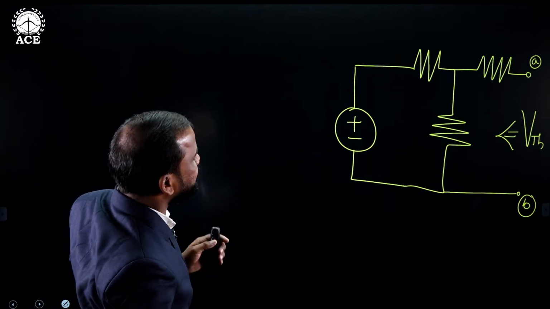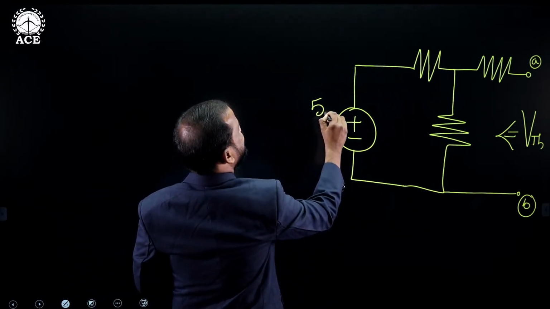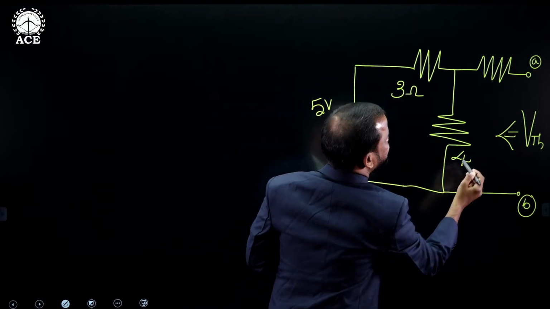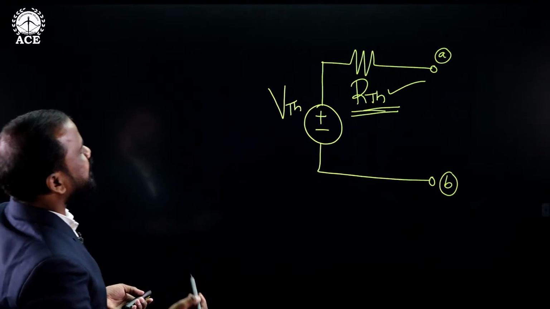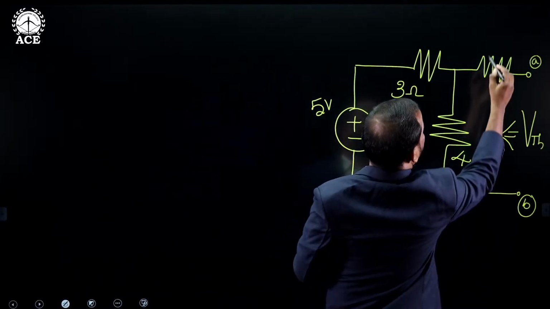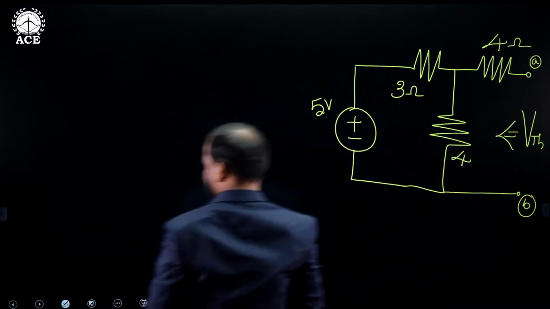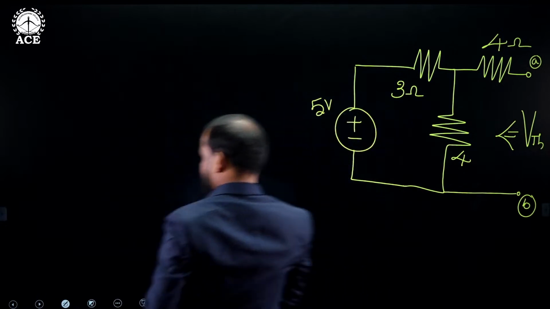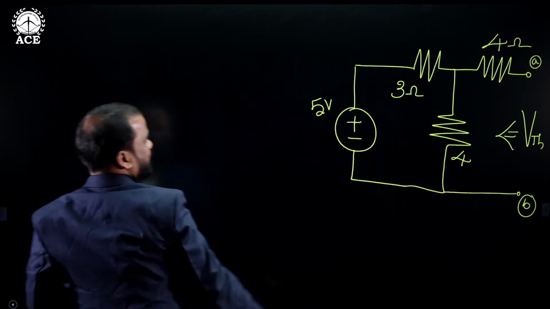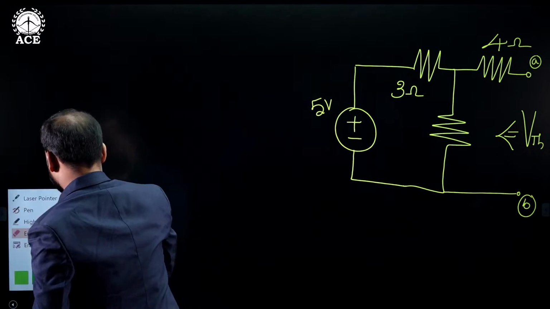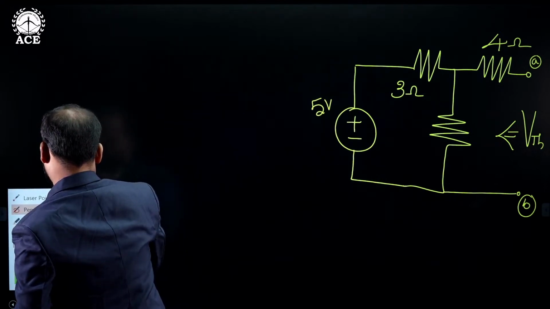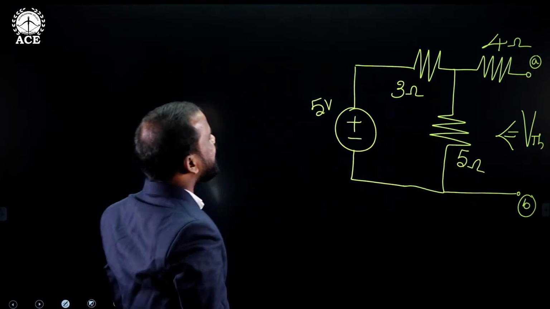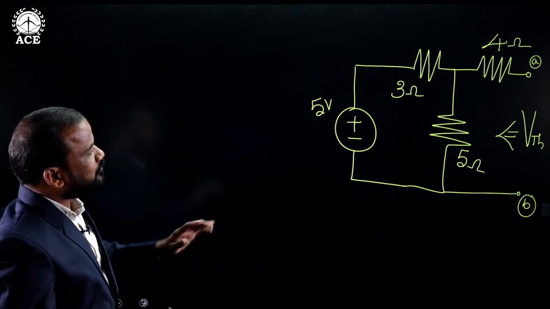The value of applied voltage is 5, this is 3 ohms, this one is 5, and this one is 4 ohms and this is 5 ohms. So we have taken the original network after disconnecting the load.